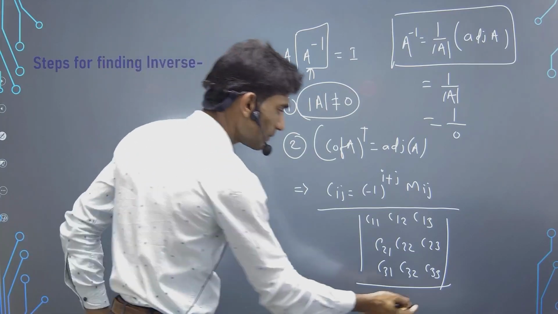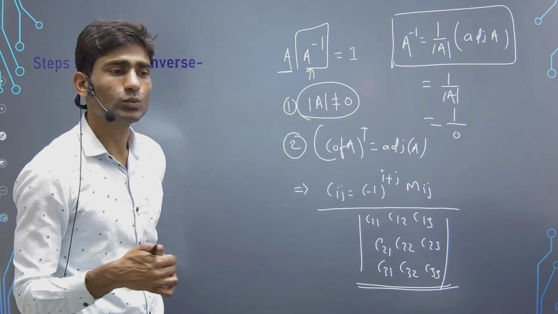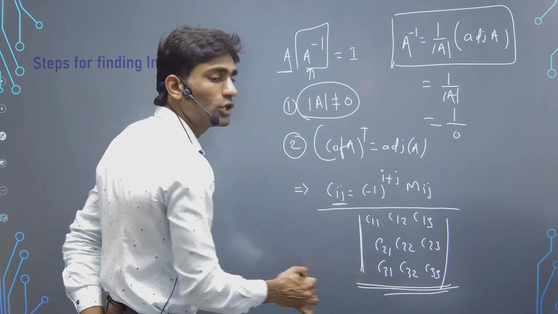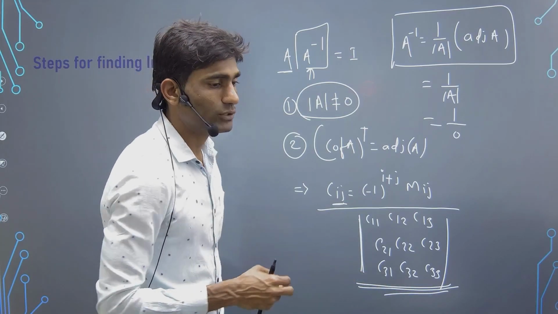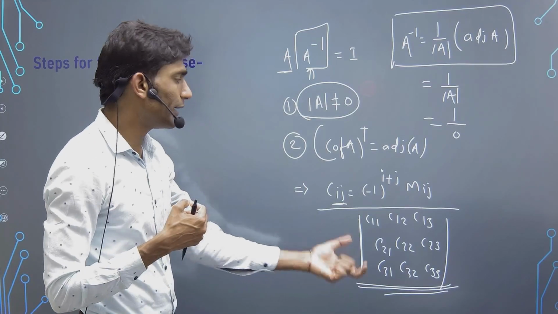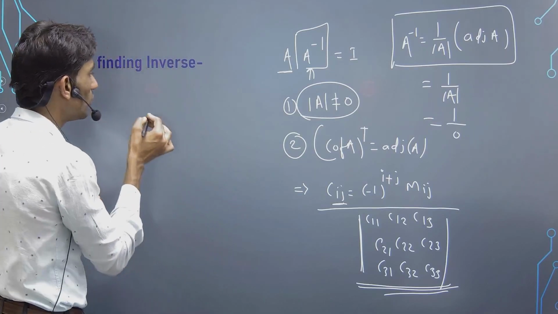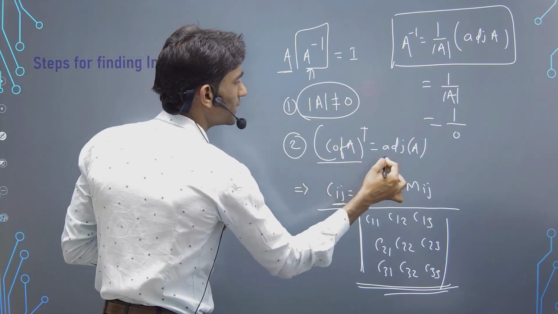Using Cij and substituting the values, you will get the cofactor matrix. Once you get it, take its transpose and you will get the adjoint of the matrix.